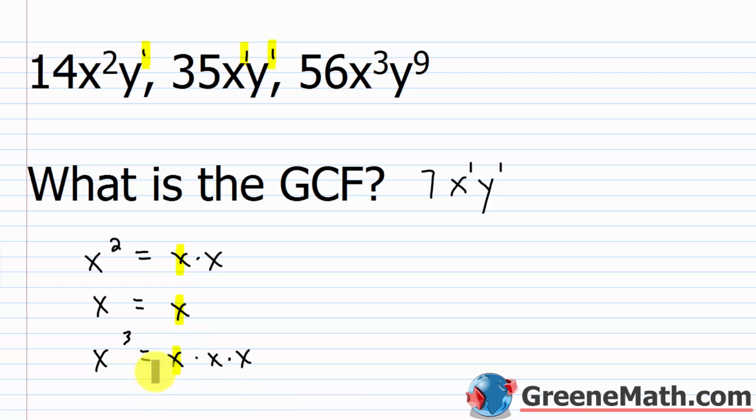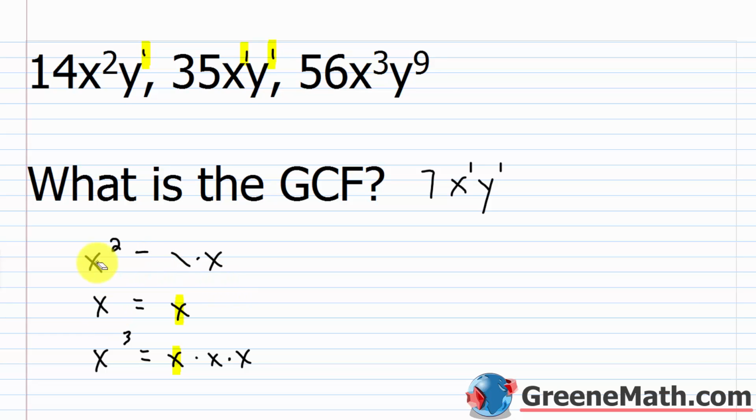That's common to everything. You can't put a second x in there because that's not common to everything. This one doesn't have it. It's got to be common to everything. So that's why you go with the smallest exponent that appears on any of the copies. Again, two questions to ask yourself. Is the variable present in each of the terms? And what is the smallest exponent on the variable?